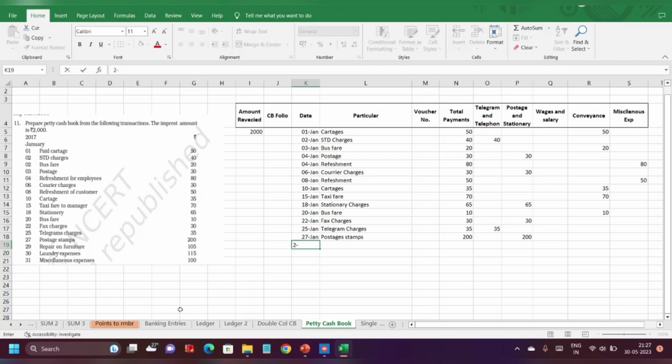Next, 29 Jan, repairs on furniture, 105 rupees is the amount, total amount, and we will record it under miscellaneous expenses.